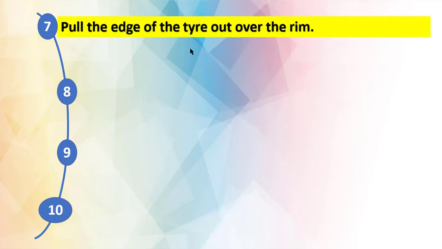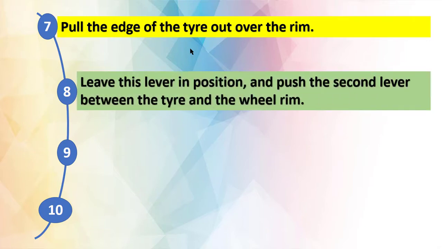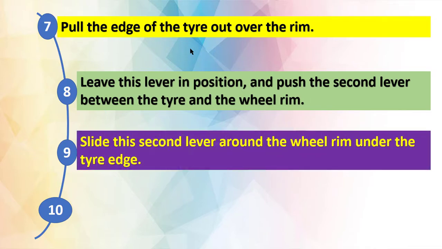Step number 7: pull the edge of the tire out over the rim. Step number 8: leave this lever in position and push the second lever between the tire and the wheel rim. 9: slide the second lever around the wheel rim and under the tire edge.